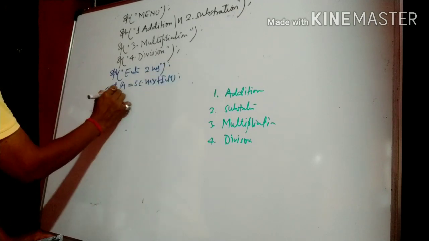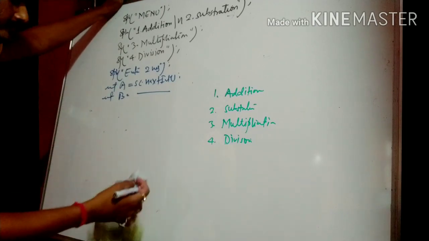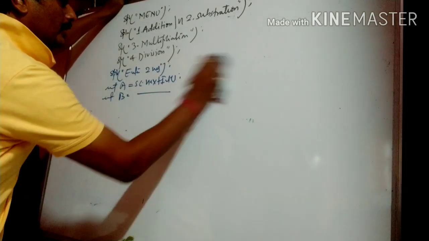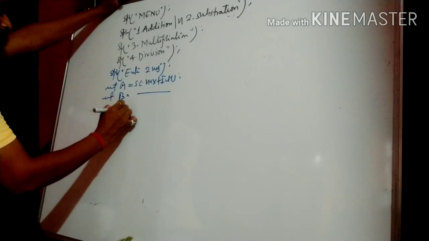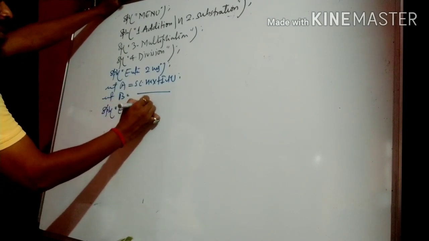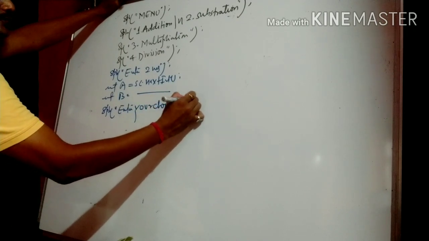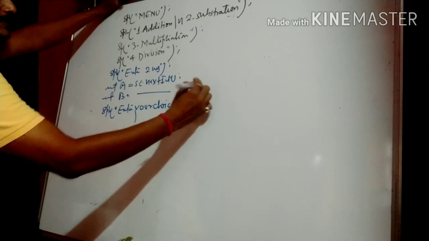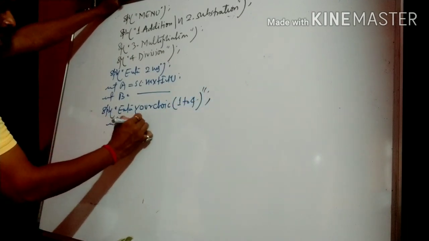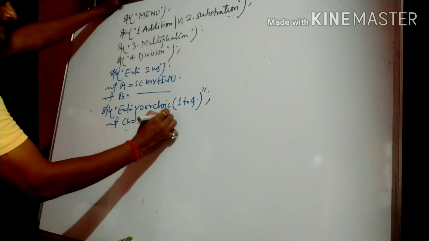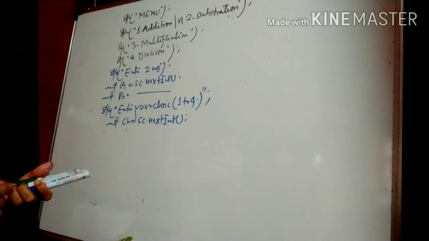Another number, b is equal to sc.nextInt. Now here I will write: enter your choice, from 1 to 4, any number you can select. So put it here, int ch is equal to sc.nextInt.